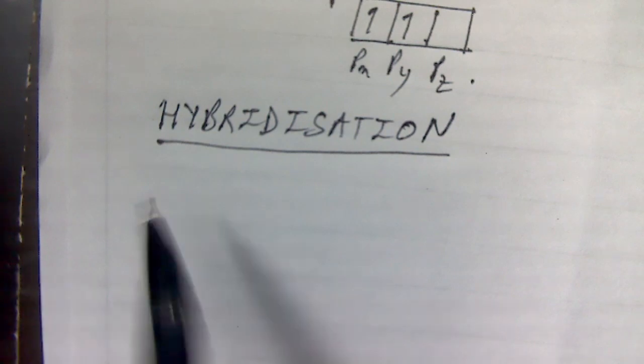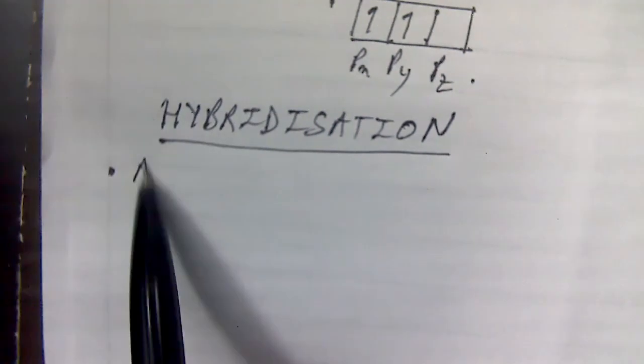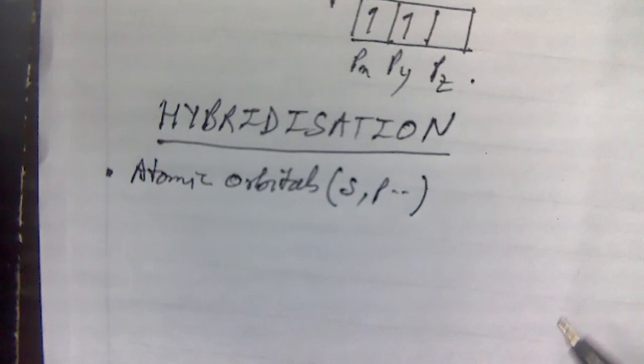So I'll give you first few points, and then we'll see this theory. Atomic orbitals means s, p, d, f, all those things.